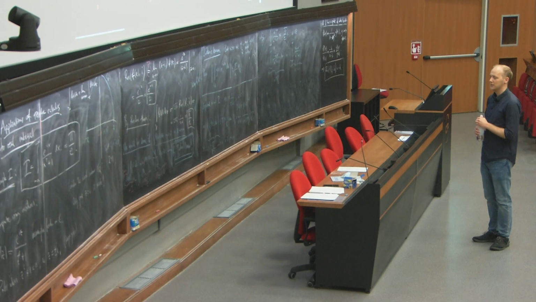So I should mention, just for the homework, that when you have an integral of the logarithm or the square root or some power function, then you have a branch cut, right?